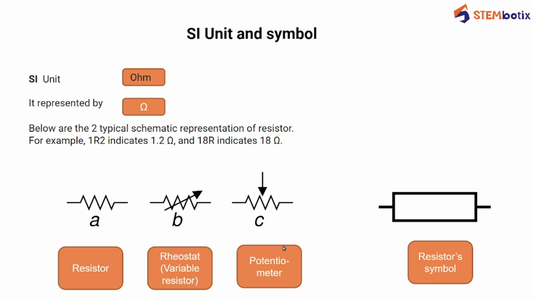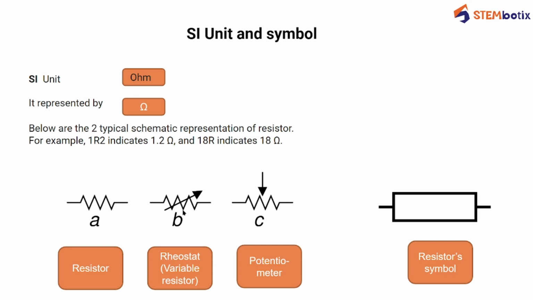This is the schematic way of representing a resistor. This A is a typical resistor which has a fixed value. So wherever you have a resistor of a fixed value, you will denote it with this type of symbol. Whereas sometimes a resistor of a fixed type is represented this way by a rectangle.